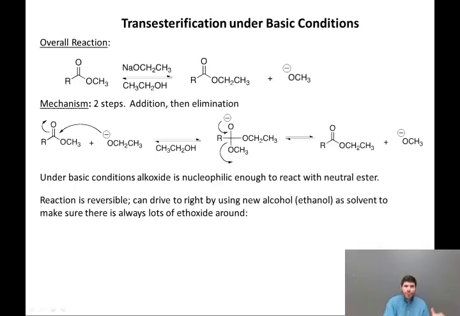So the overall reaction is reversible, but even more specifically than that, from the tetrahedral intermediate, there is no fundamental reason why it won't kick out the ethoxide that was just added in to go back to starting materials rather than kick out methoxide to go to products.